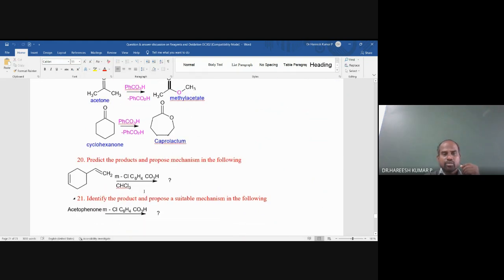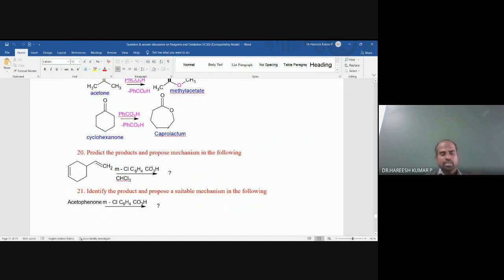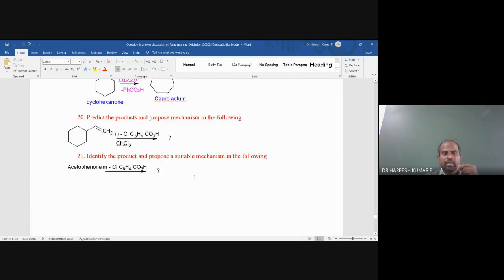And I think you know that this is also epoxidation. Metachloroperbenzoic acid is an epoxidizing agent. It will act as a source of oxygen. Then the oxygen will attack a double bond, forming an epoxide.